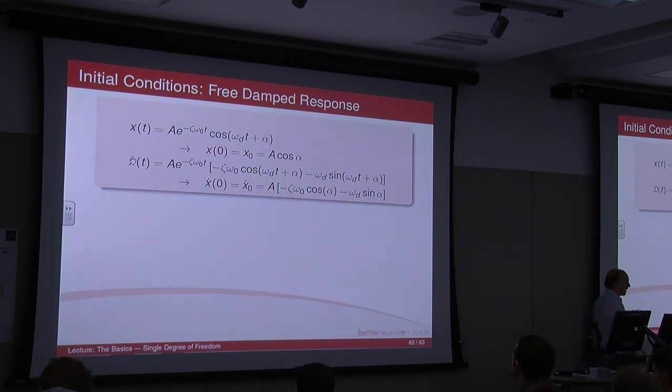Now, this is where it gets a bit more complicated. x dot of t, if you take the derivative of this equation, you have to use the product rule, because you've got two functions of time in here, this one and this one. So you have to use the product rule, and you have to use the chain rule with both of those terms as well. So when you take the derivative of e to the minus zeta omega naught t, you end up with e to the minus zeta omega naught t times minus zeta omega naught.